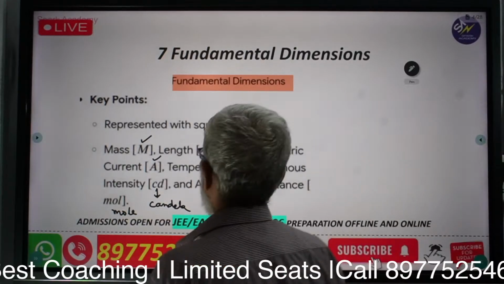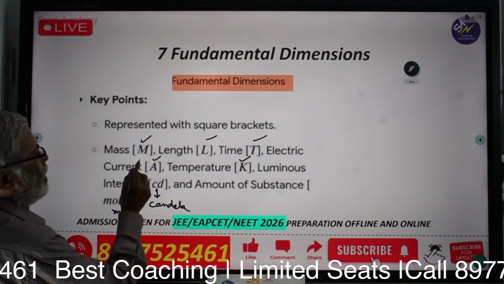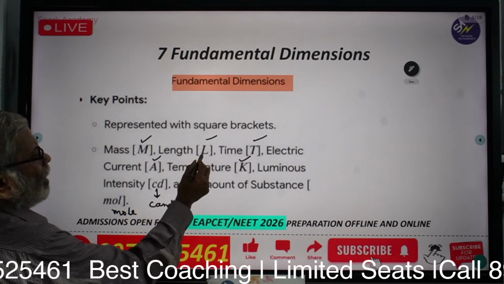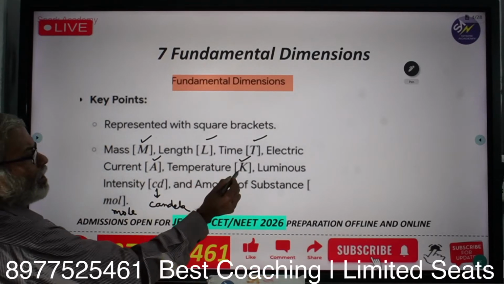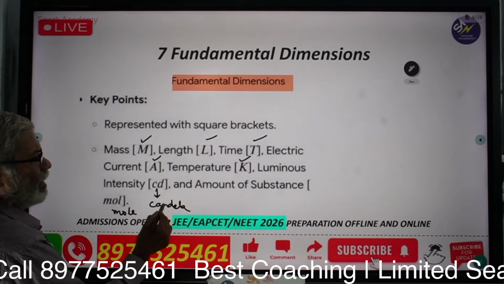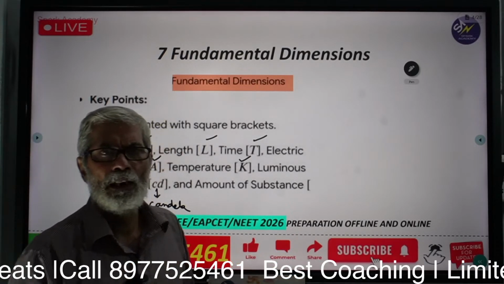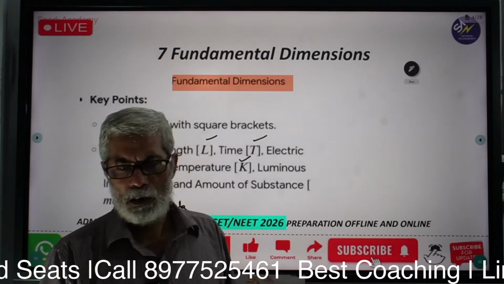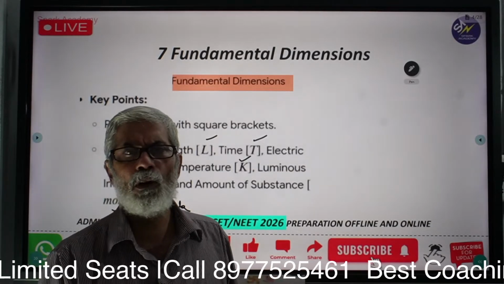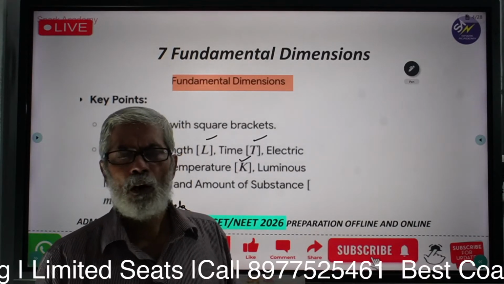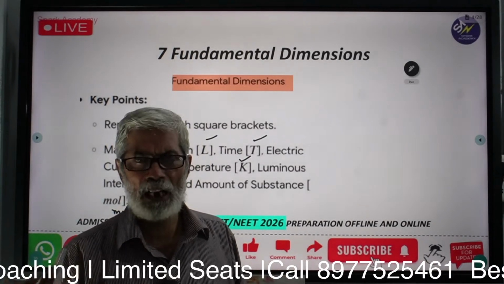Now in this slide, these are the 7 fundamental quantities. One is mass, M, another is length, L, time, T, electric current, A, temperature, K, luminous intensity, candela, and amount of substance, mole. 1 mole of a substance: 1 mole of oxygen is 16 grams, 1 mole of carbon is 12 grams, or it is 6.023 into 10 power 23 atoms, molecules, ions.